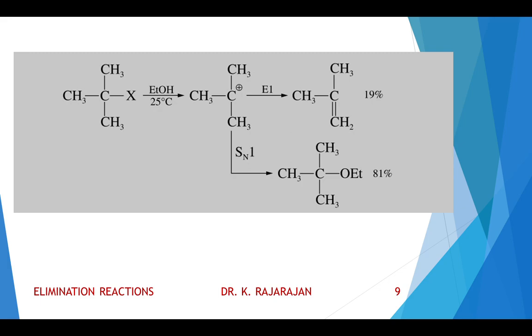So if the substrate goes through the E1 mechanism, then 19% product is obtained, whereas if it goes through the SN1 path, the yield will be 81%.